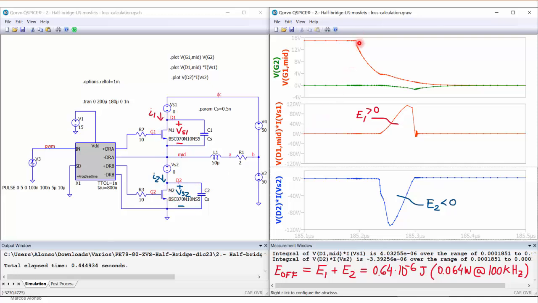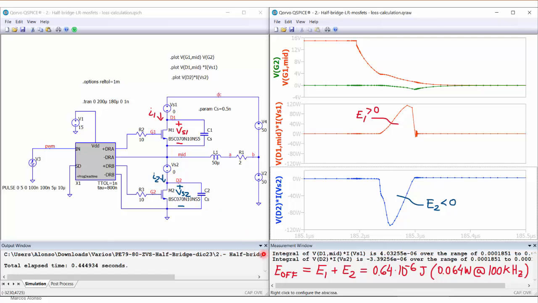So during the turn off of transistor M1, we have these waveforms. This area here is the energy which is positive, so this means that it is energy entering into this part of the circuit, while here we have a negative energy. So this means that this is energy that is coming out of this part of the circuit.